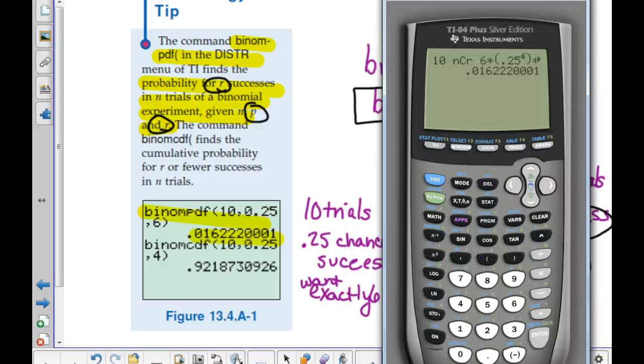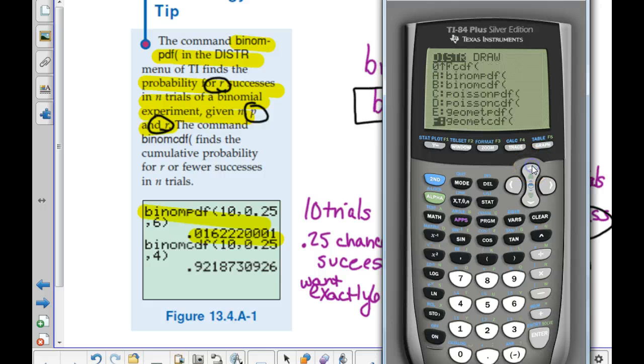So let's do the question we just did about 6 and 10. We're going to learn that one in a minute, and it's different. So please be very careful that you pick the right one. It's second, and then the vars key or the key right next to clear.